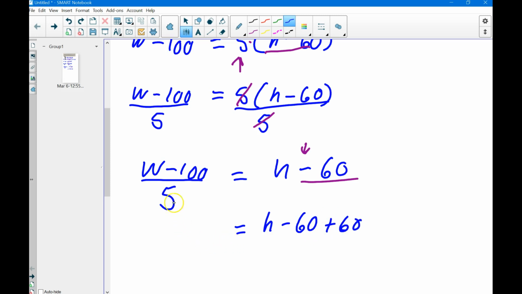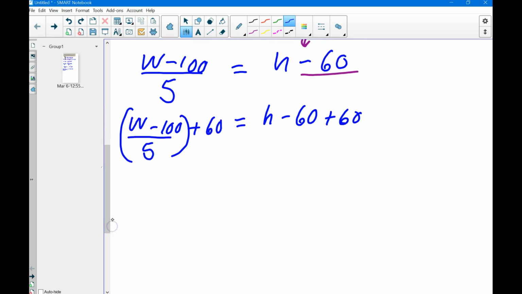On the other side I have to add 60 here, but see, this side is now a fraction. This is not going to bother us, because we're not going to pay attention to that, we're just going to add 60 to it. It doesn't get any easier than that. I'm not even worried about the fraction.